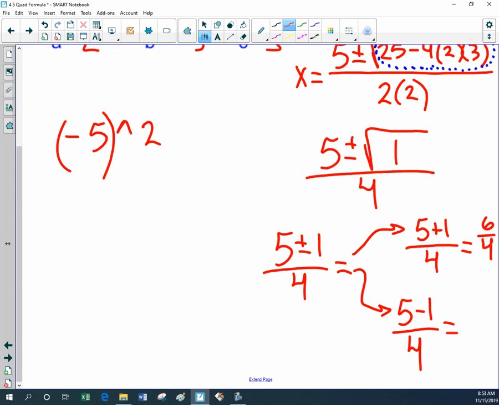Okay, 6 over 4 reduces to what? 6 over 4 reduces to 3 over 2. So 3 halves. So there's one of our answers.